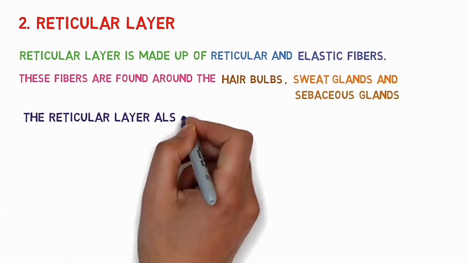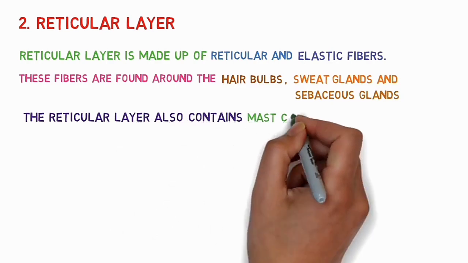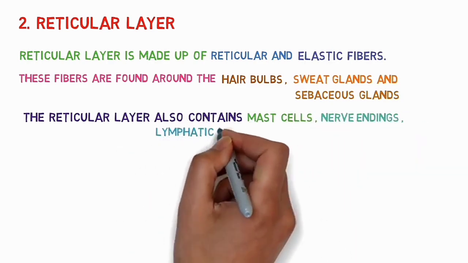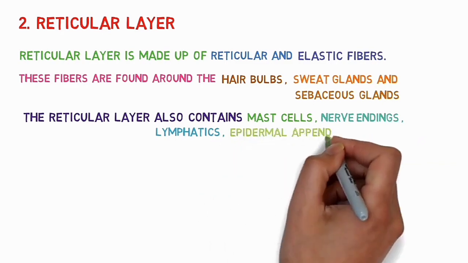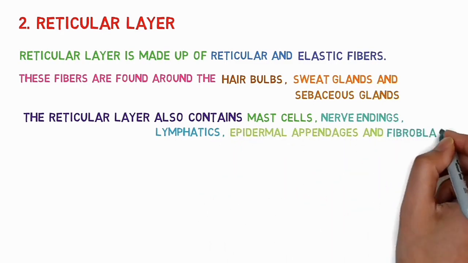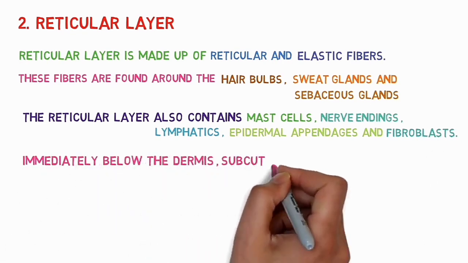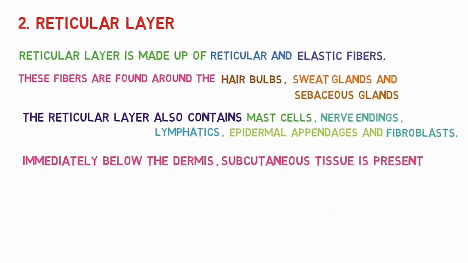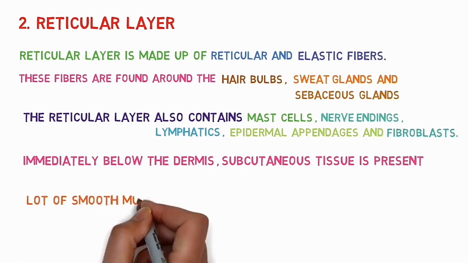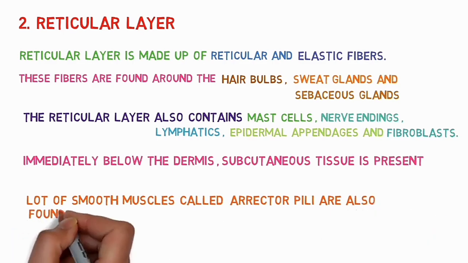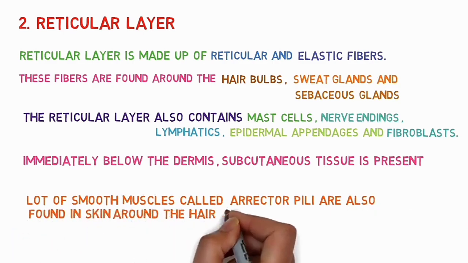The reticular layer also contains mast cells, nerve endings, lymphatics, epidermal appendages, and fibroblasts. Immediately below the dermis, subcutaneous tissue is present. Smooth muscles called erector pili are also found in skin around the hair follicles.